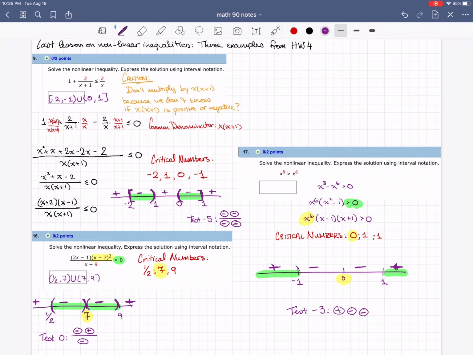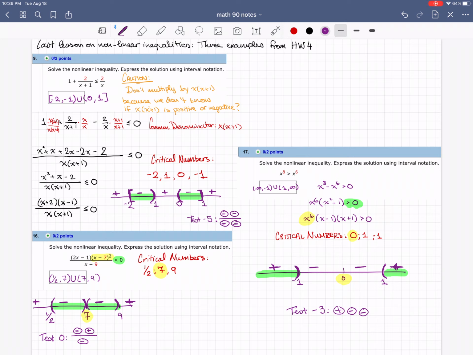Since it's a strict inequality, we exclude both of the endpoints. Once again, our solution set is made up of 2 disjoint components. You'll notice that happens quite frequently. And let's write it here in interval notation. We have negative infinity to negative 1, union 1 to infinity.